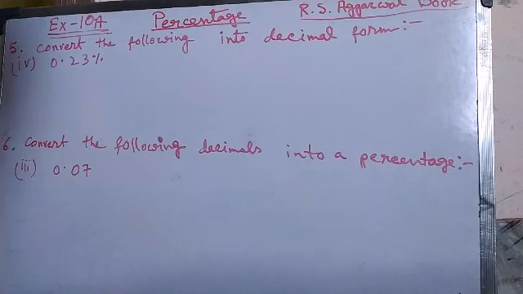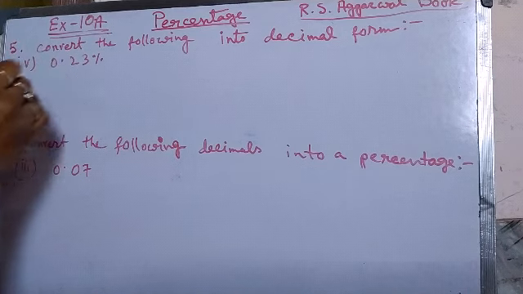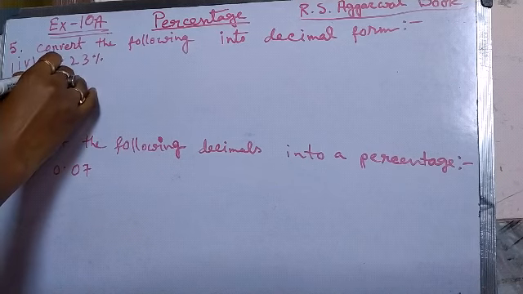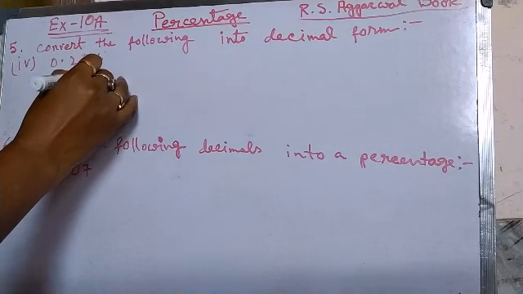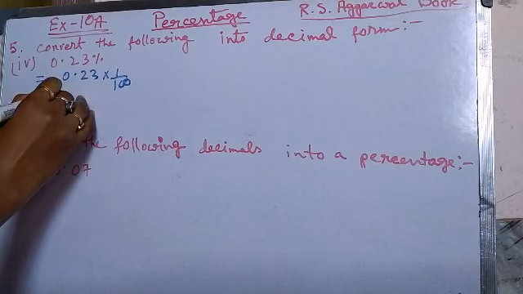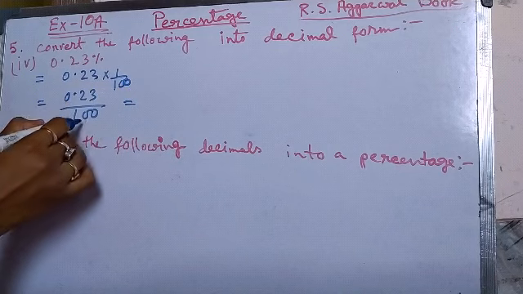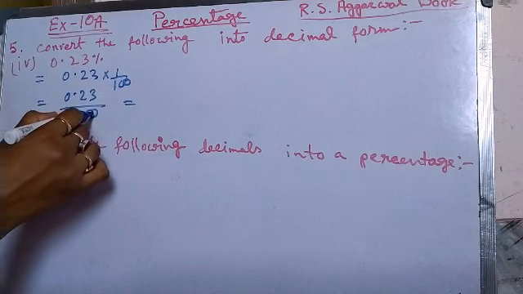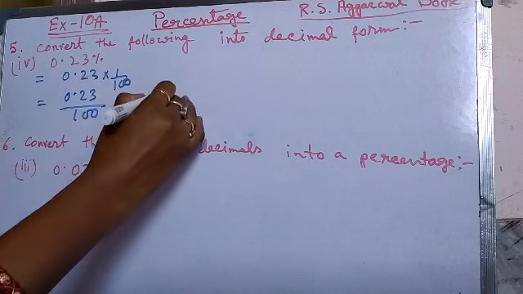Now question number 5. Convert the following into decimal form. Under 5, 4 is there. 0.23%. So first 0.23 and this percent means 1 by 100. So 0.23 by 100. Then because here in the denominator 2 zeros are there, this point will be shifted before 2 digits.